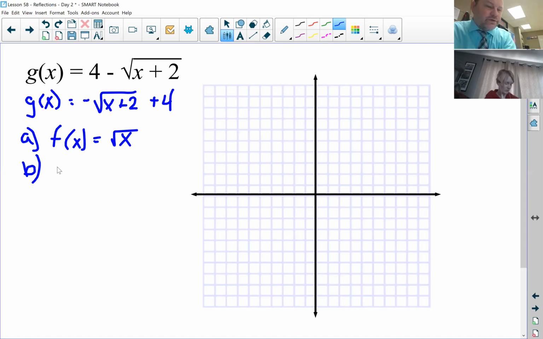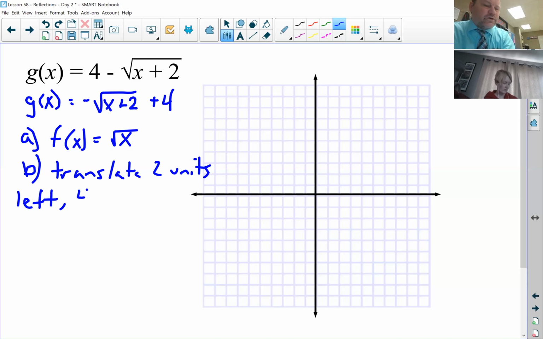So here we translate 2 units left, 4 units up, and ooh, I have to think about this.